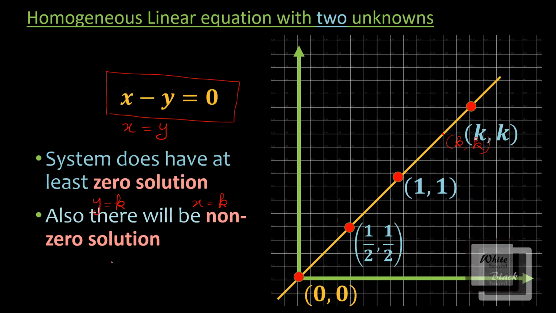By non-zero solution we mean that the basic solution of this system is (k, k), or we can write it as k multiplied by vector (1, 1). All the other solutions come from this non-zero solution. For example, if you talk about the zero solution, then put k equals 0 and you will get the zero solution. So in that case we will say that the system has a non-zero solution.